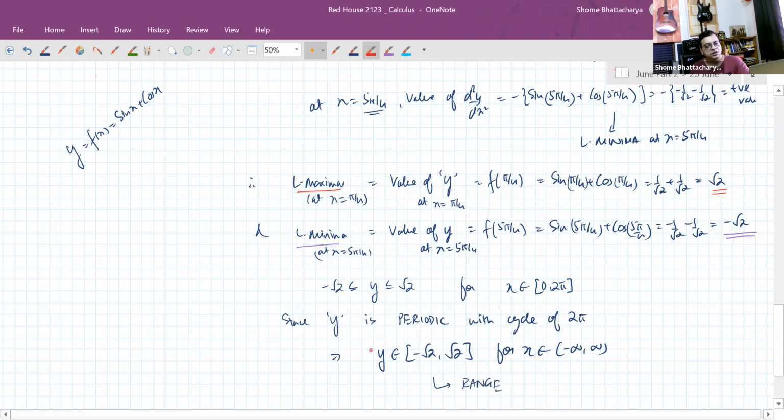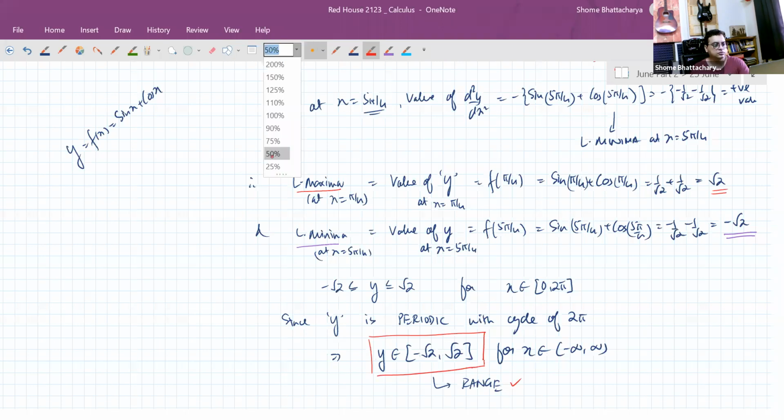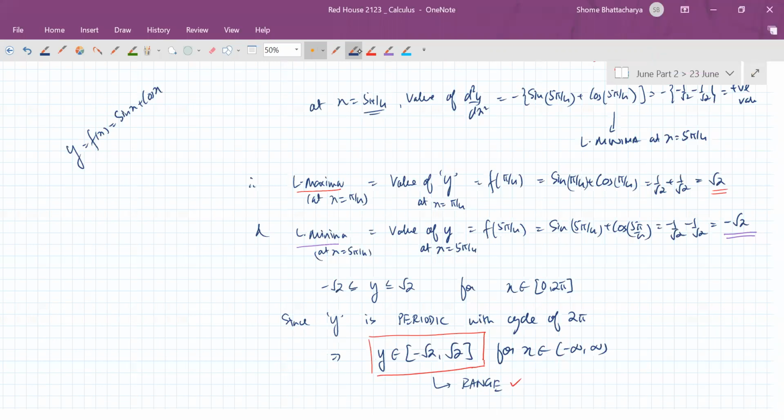Because this is a periodic function we are dealing with, you can see our approach for calculation of range is different compared to the first one, which had a broken domain. So can you scroll a little up? Okay.